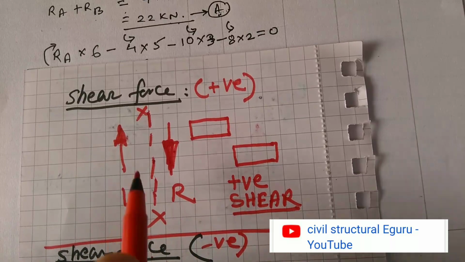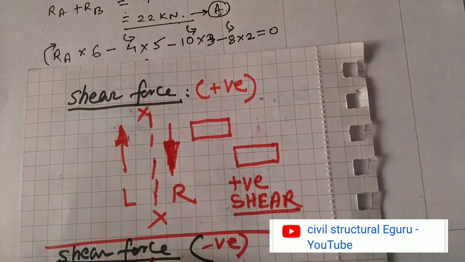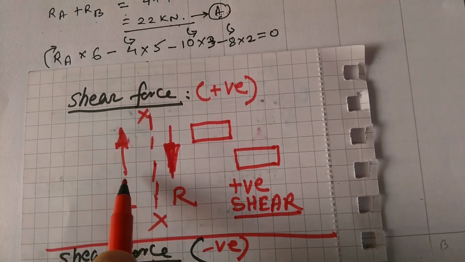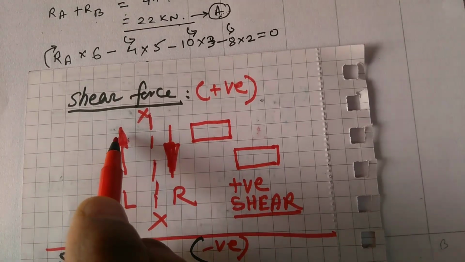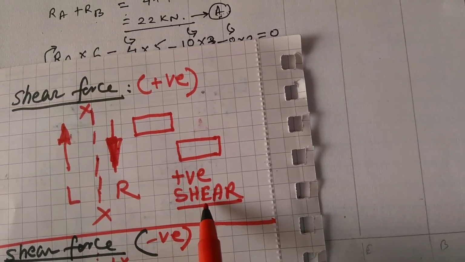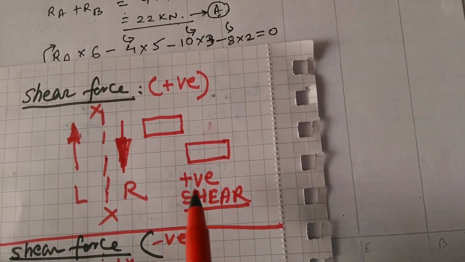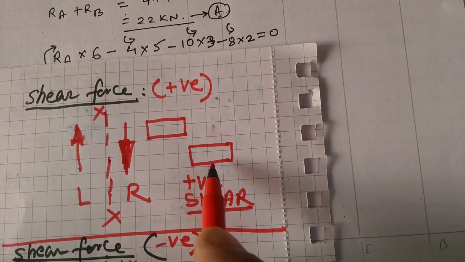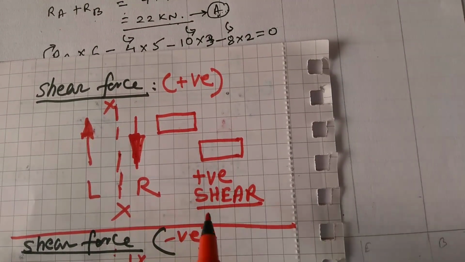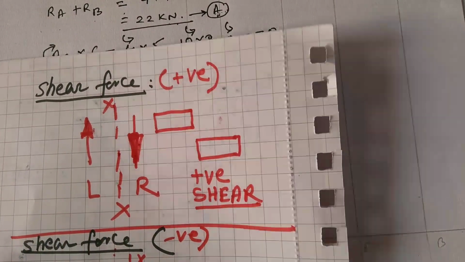If there is a beam and you put a cross section, and you find that the left hand portion is going up, then this will create a positive shear. The symbol is like this, and while you are solving the shear force diagram, you put this symbol.